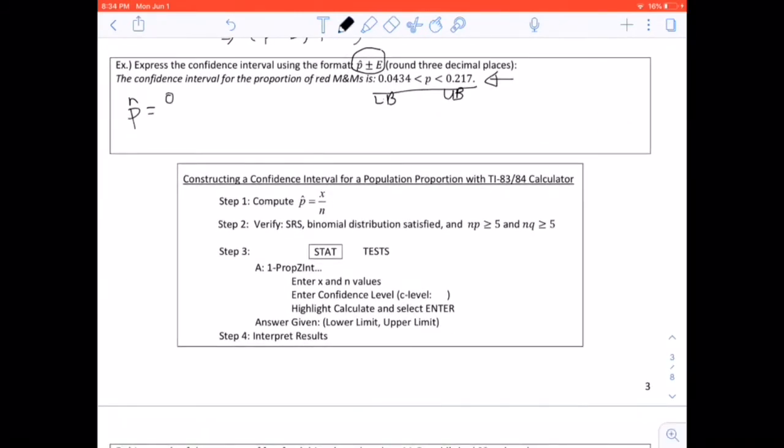So 0.217 plus 0.0434 divide by 2. And we get a P hat value equal to, and again it says round 3 decimal places, 0.130.